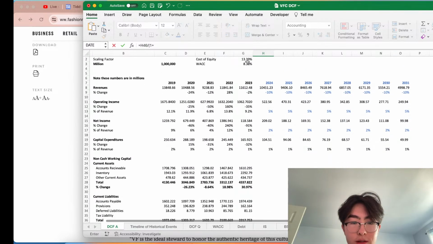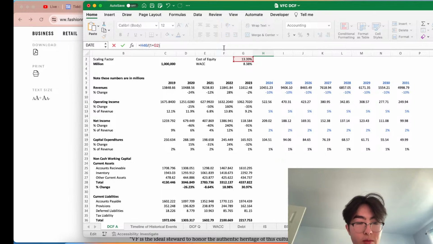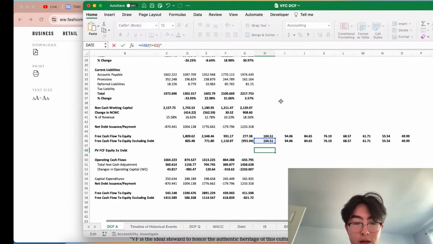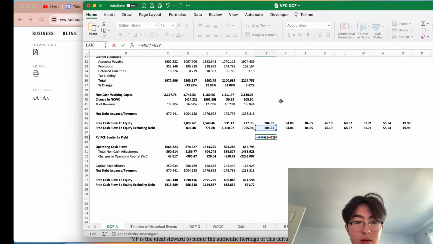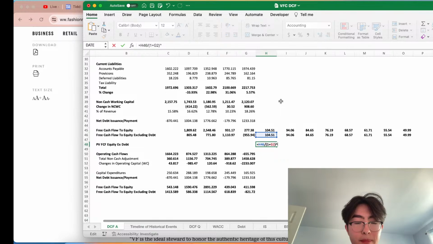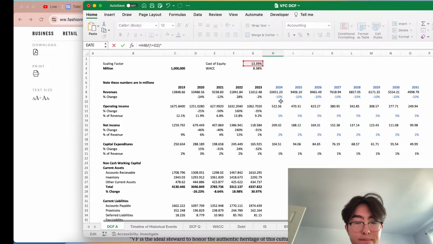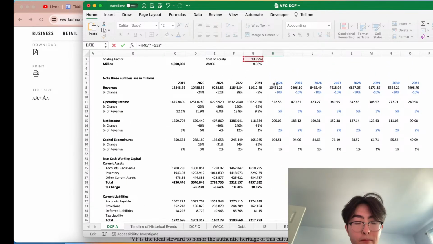So in this case, the cost of equity. And let's say we raise it by, maybe we want to subtract.